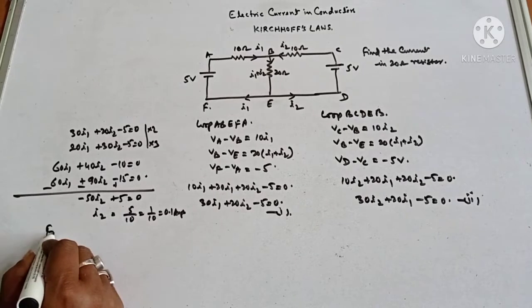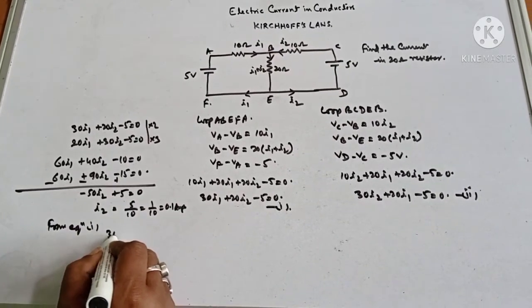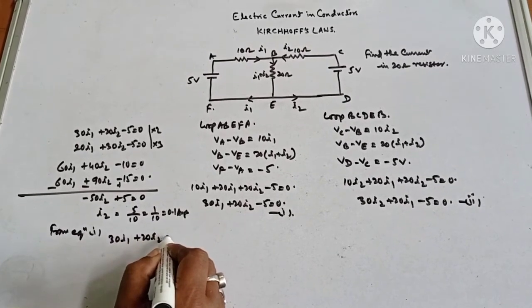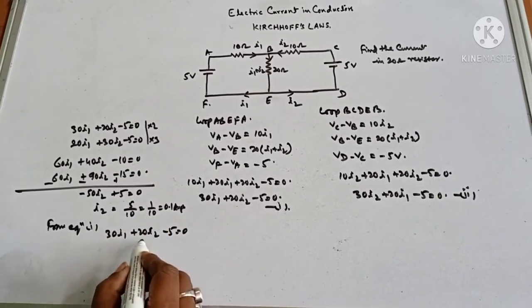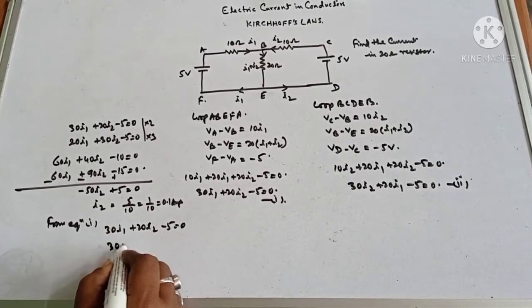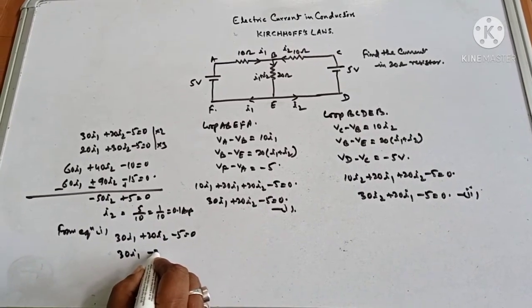Now I am going to put the value in any of these equations. So from equation 1, 30I1 plus 20I2 minus 5 equal to 0. I2 value is 1 by 10, so this will be equal to 2. So 30I1 plus 2 minus 5, this will be minus 3, equal to 0.